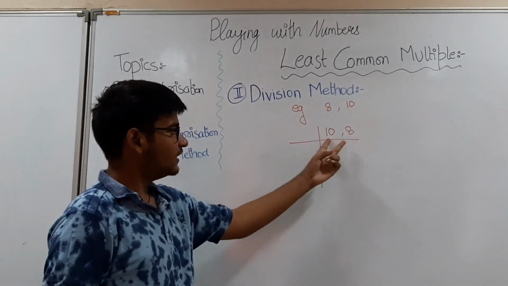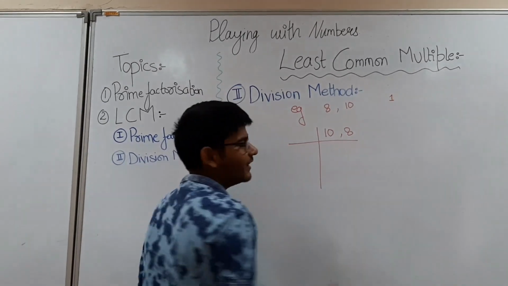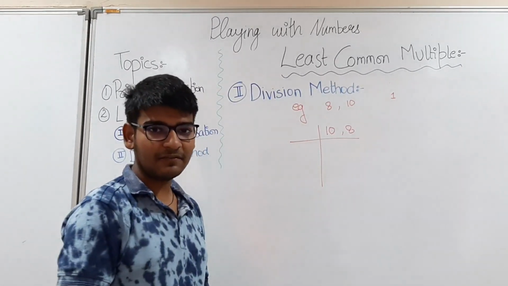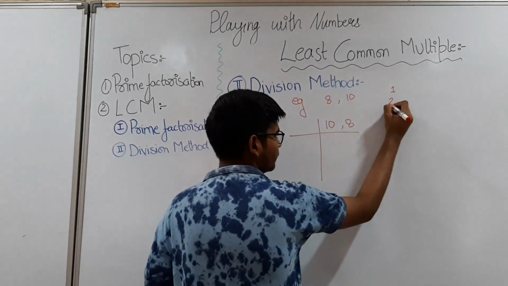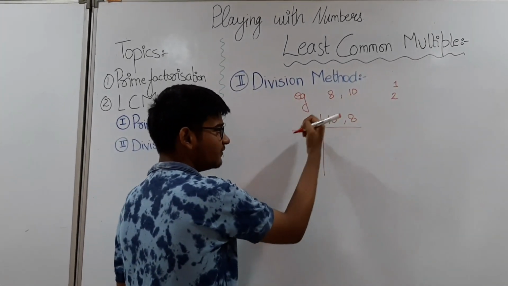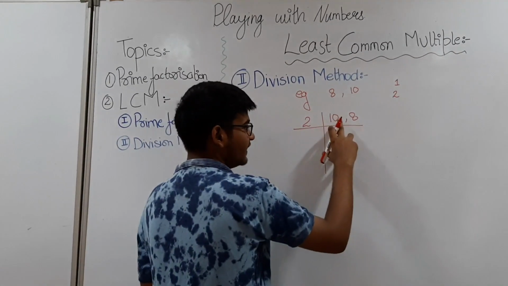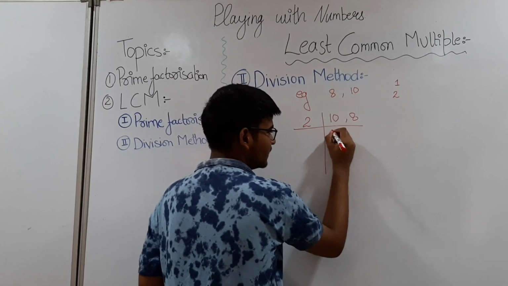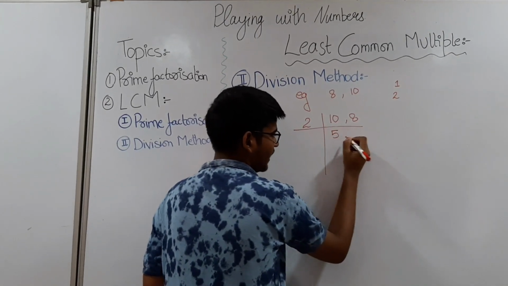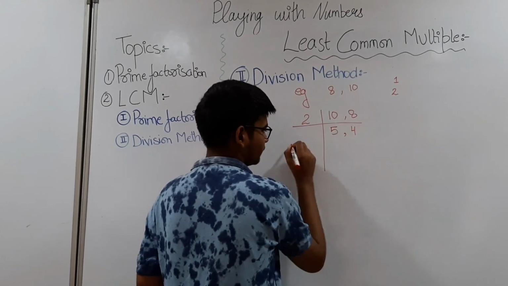Now the number we could start from is 1, but there is no use dividing by 1, so we will start from 2. Now we will write 2 and write the quotient: when 10 is divided by 2 the answer is 5, and when 8 is divided by 2 the answer is 4.